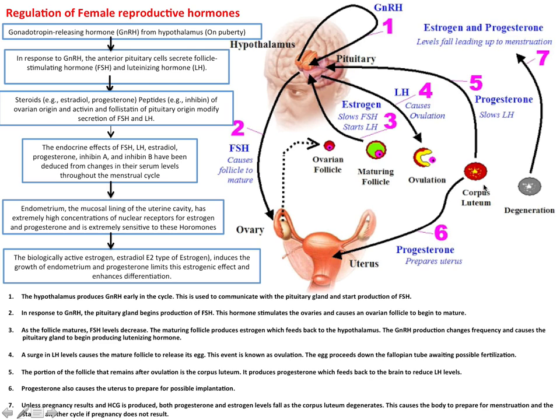And once there is no pregnancy, it degenerates, and the levels of estrogen and progesterone fall, and thus menses starts. So here you can see the tight regulation of the hypothalamus, pituitary, ovary, and uterus for the regular menstrual cycle in women.